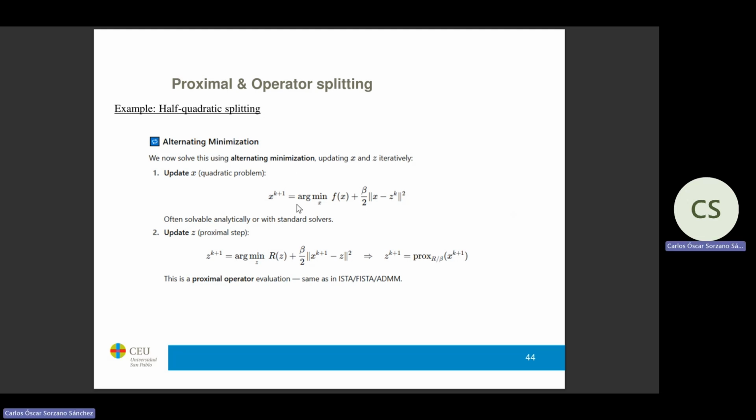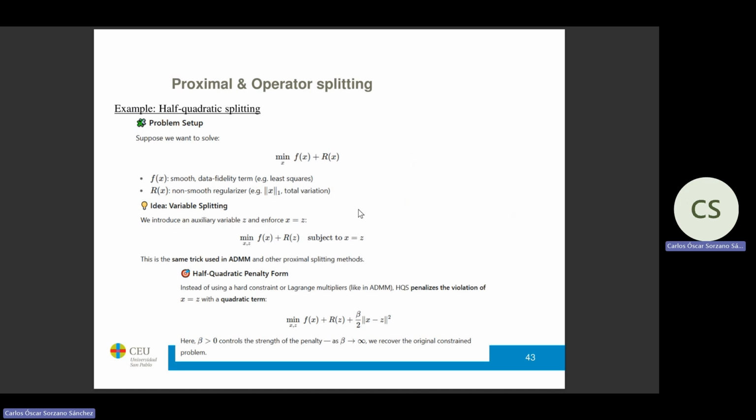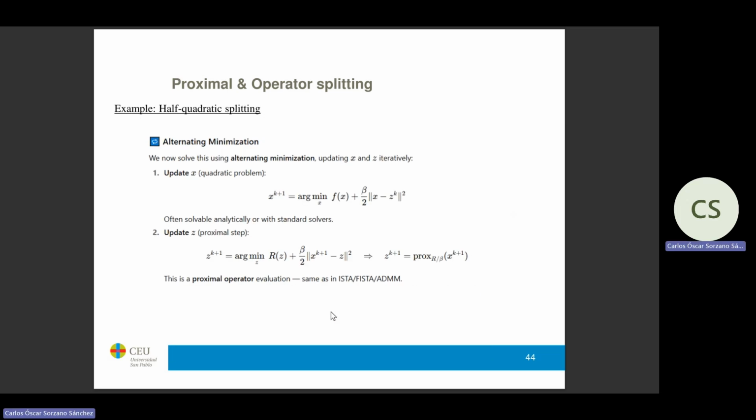So when you have the x problem, this R does not depend on x. So you can take it out, and then here we have a fully quadratic problem that can be solved analytically or with gradient descent or whatever.